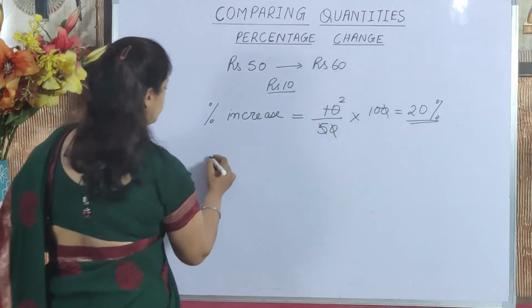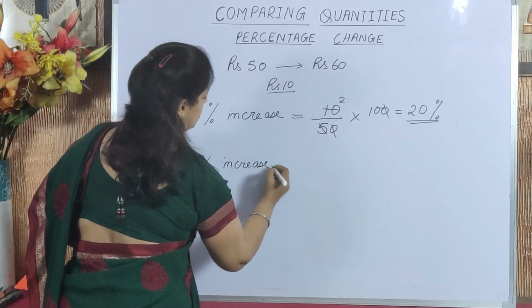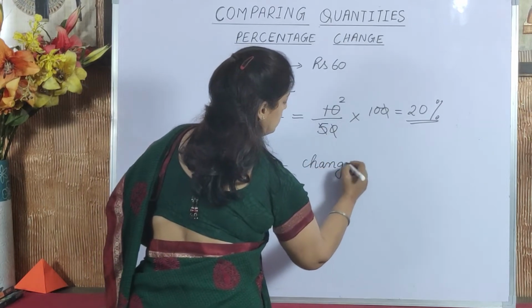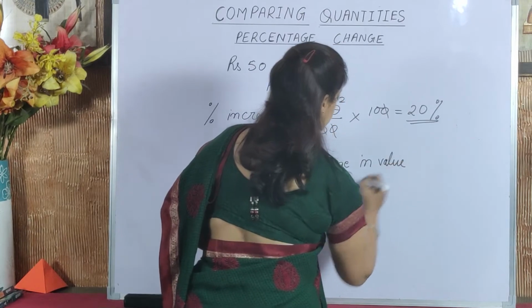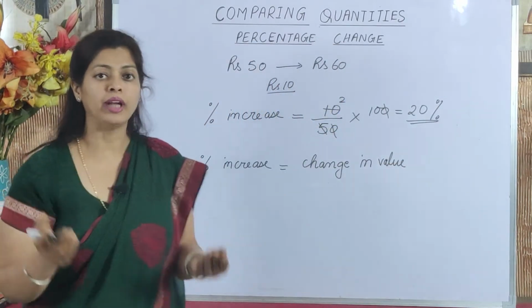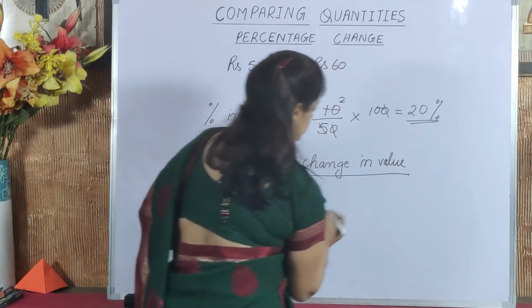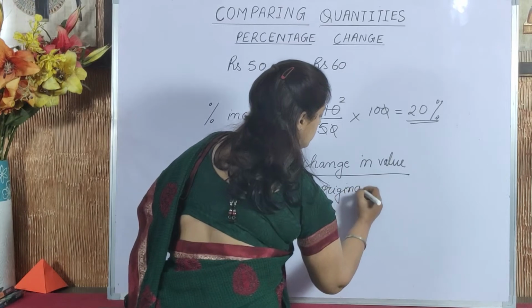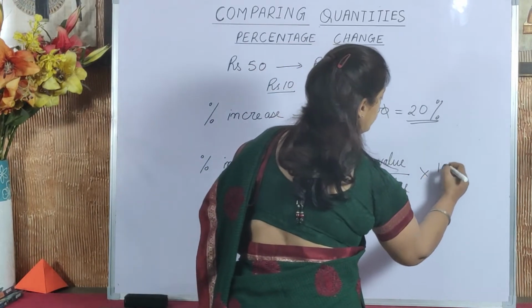So percentage increase, the formula for this is simply the change in value. What do we mean by change in value? It means the new value minus the old value. So change in value upon the original value multiplied by 100.